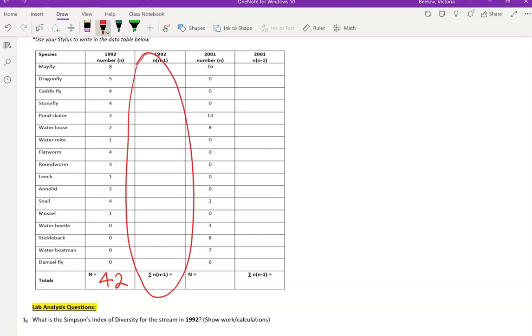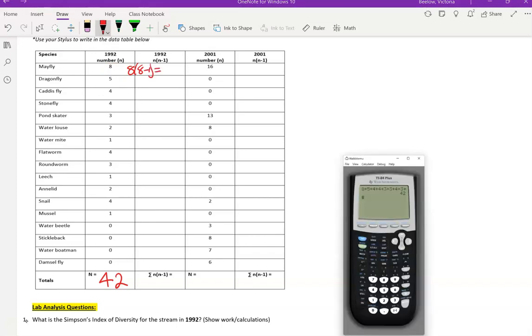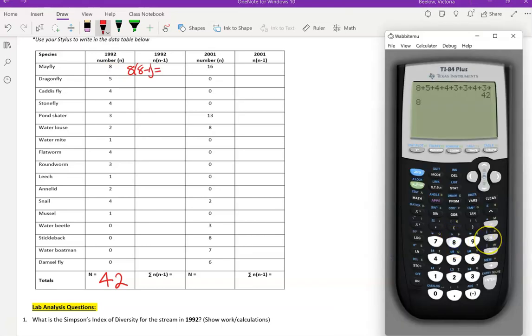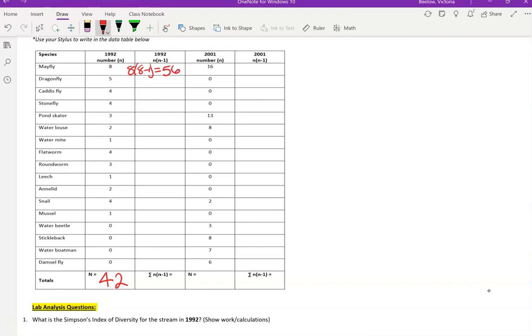Over here, you're going to do each of these calculations with little n. So for example, we have 8, so I would do 8 times 8 minus 1. So 8 minus 1 is 7, so 8 times 7, which would be 56. And you're going to do that for each of these, and then you're going to add all those up and write that number down here.